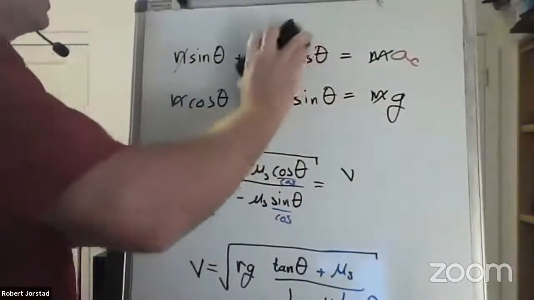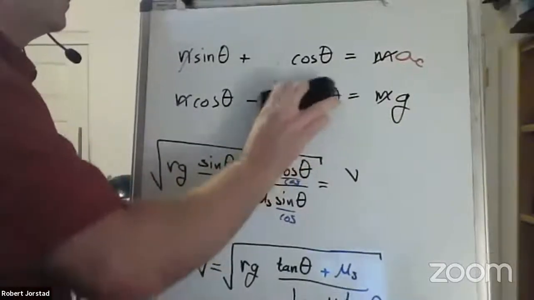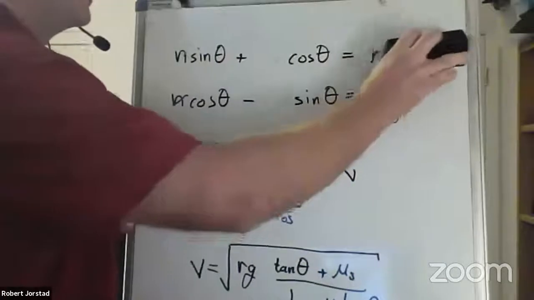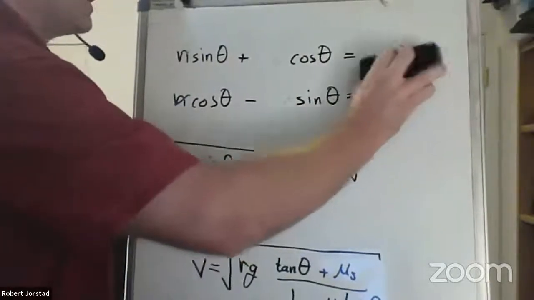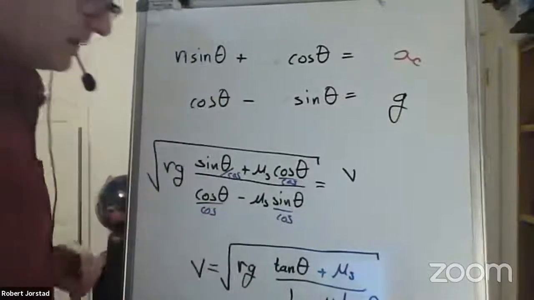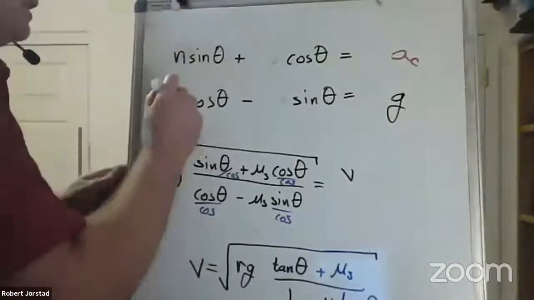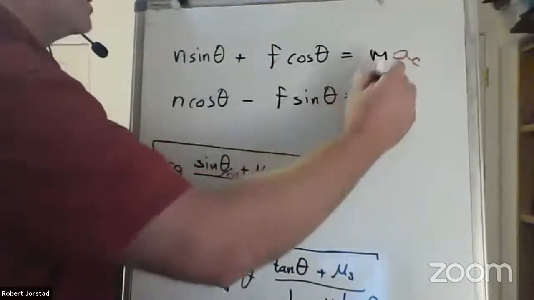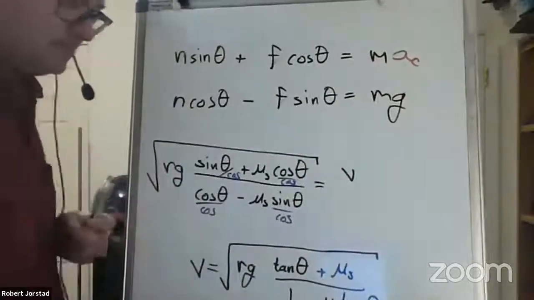This is a good question here. Probably would have been faster just to erase and rewrite, but okay. So I believe this was an N, this was an F, this was an F, this was an M, this was an M. All right.